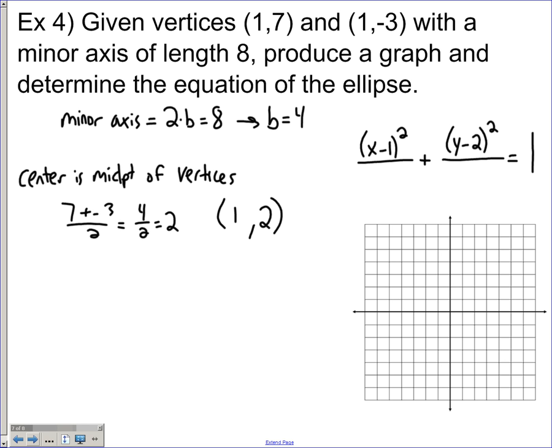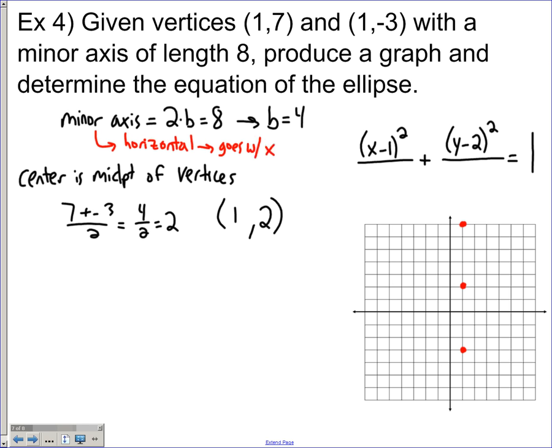Because these points, let's graph our vertices. They're at 1, 7, and 1, -3. We just found the center as well, which is at 1, 2. So you can see this is a vertically oriented ellipse, which means that our minor axis is horizontal. So it goes with x.